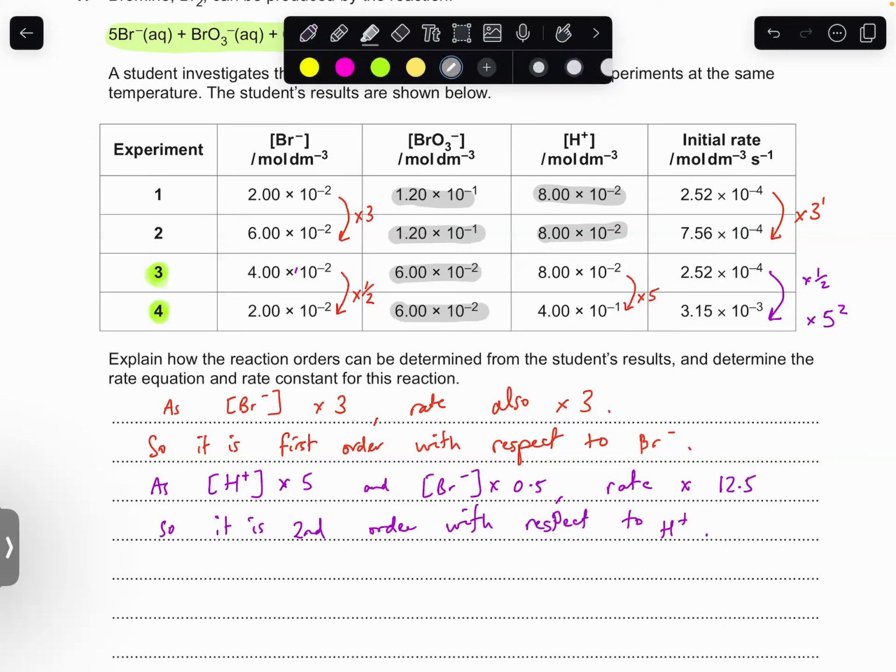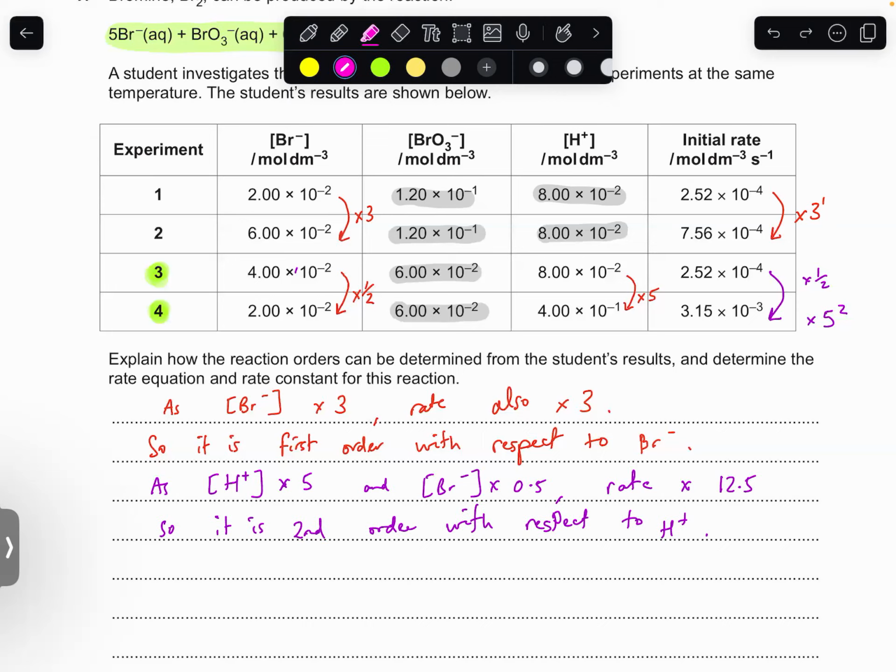If I just highlight to you, you see actually the rate is not changed in experiments 1 and 3, because you are doubling the rate here, but you are... this is where it starts to get a little bit tricky. Which experiments shall we compare? Which will be straightforward to determine BrO3 minus?